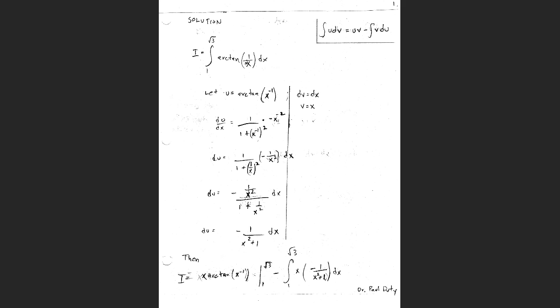All right, so here we go. I'm letting u equal the arctangent of x to the negative first. I mean, 1 over x is x to the negative first. And I'm letting dv equal dx. If dv equals dx, then v equals x.